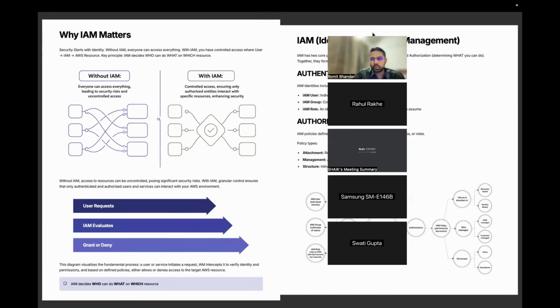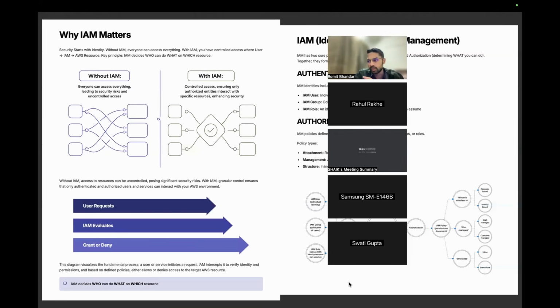A very simple question which somebody would ask is, why do you actually need IAM when things can work as they are? What's the use? Well, IAM is needed for one service to get permission from another service, but otherwise any service can access any other service, which becomes a very dangerous thing from a security point of view.